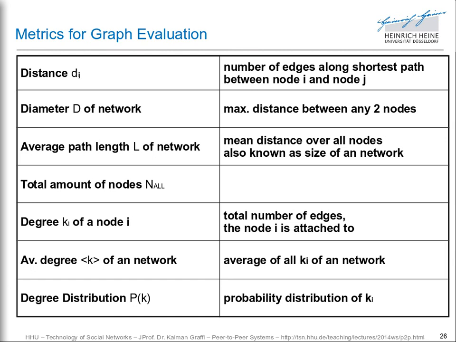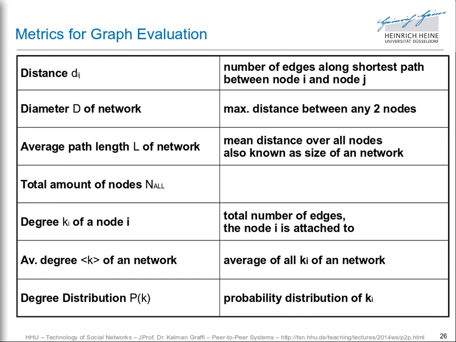Okay, so we have the distance between two nodes i and j. This is the number of edges along the shortest path between these nodes. We have a diameter of the network D, which is the maximum distance between any two nodes. Then we have an average path length L of a network.